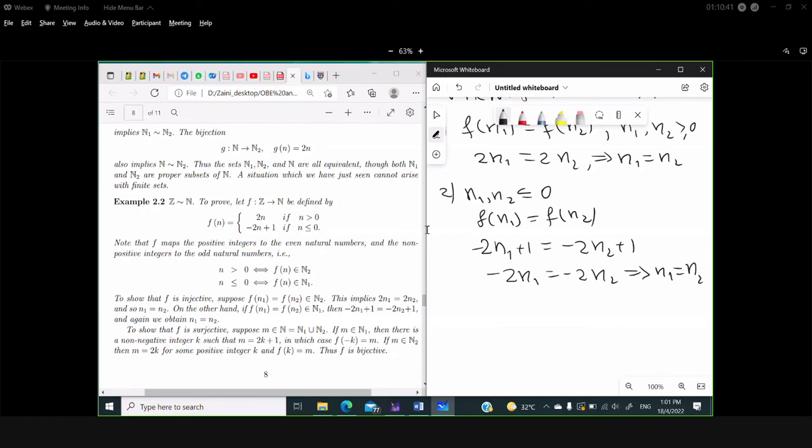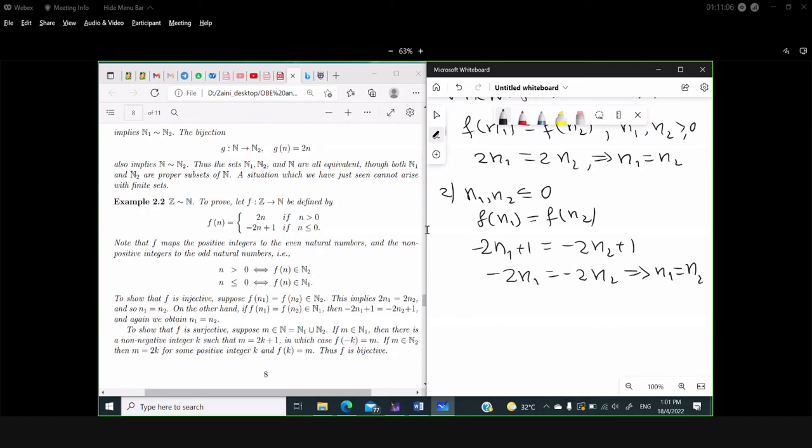Actually, for the surjectivity here, you see, they are showing it a little bit differently. For the surjective, the domain of f equals the range of f actually.